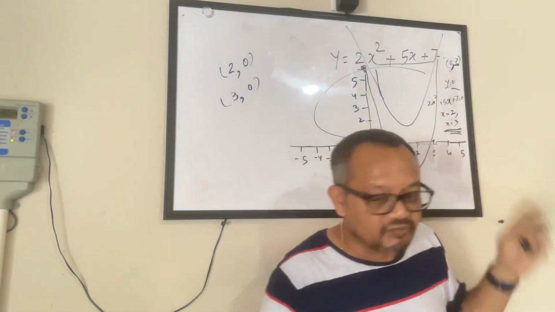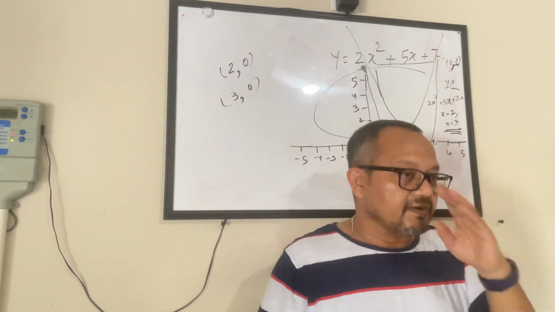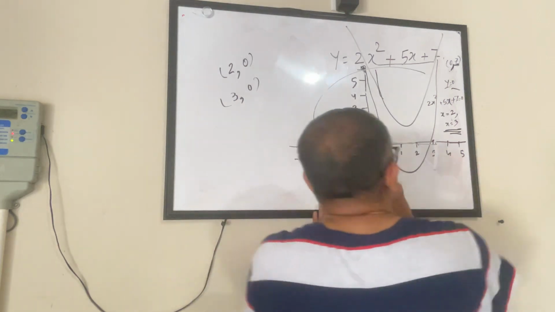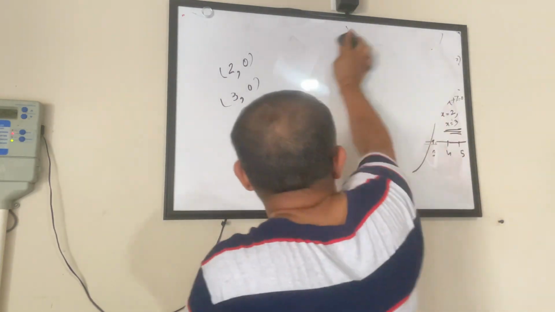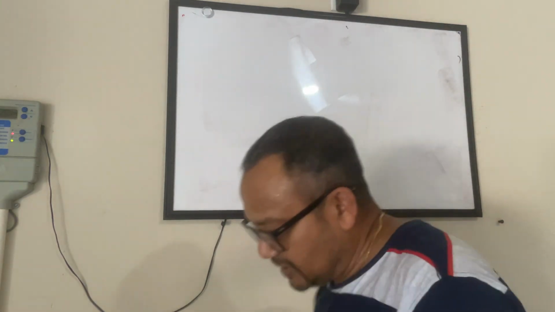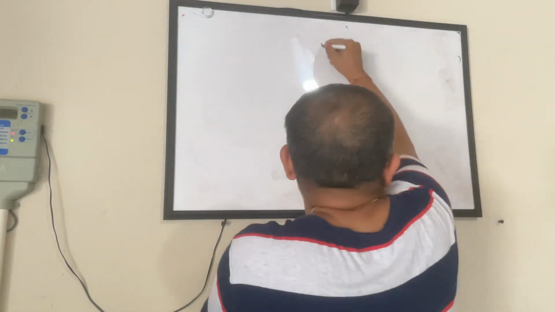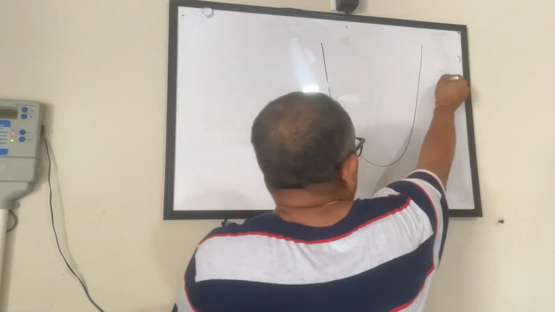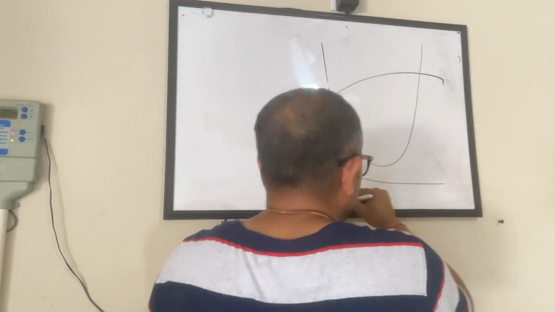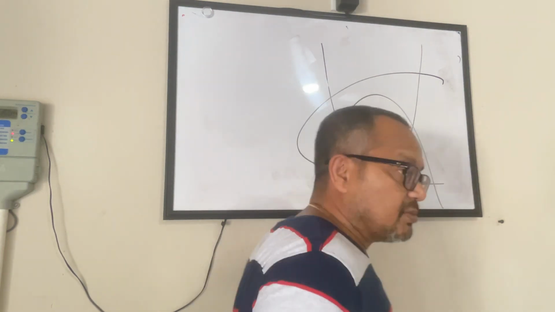Summary of this: any quadratic equation that you pick up and draw a graph with, it will be in the form of a parabola. It can be like this, or it might be a sleeping parabola. It might be an inverted parabola.